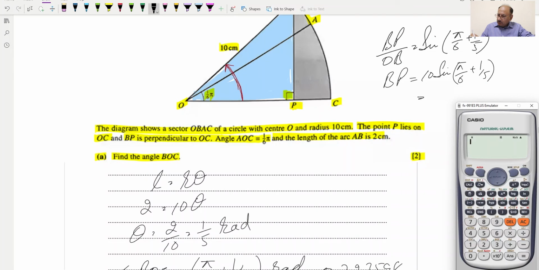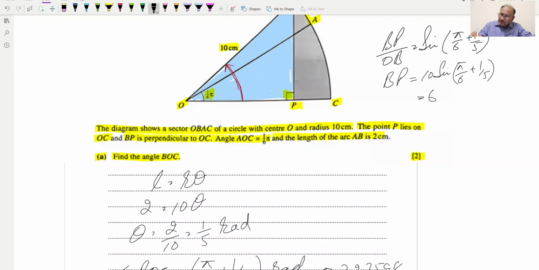We can use the calculator for this, 10 sine of, your calculator should be in radian mode, so shift mode should be radian, sine of pi over 6 plus 1 over 5, and bracket closed, and this is equal to 6.62.